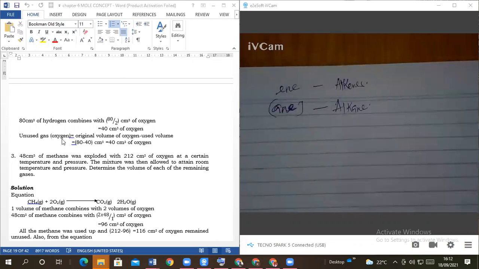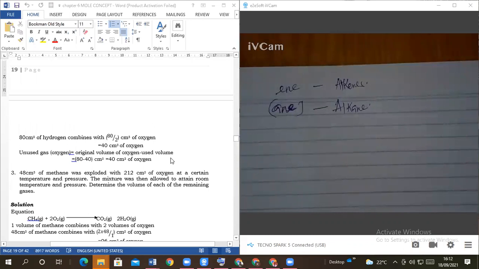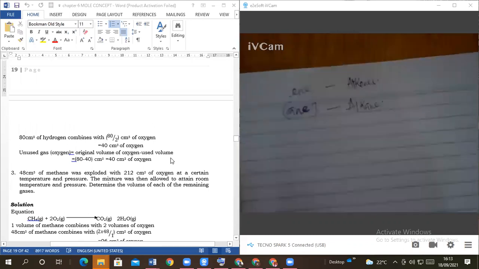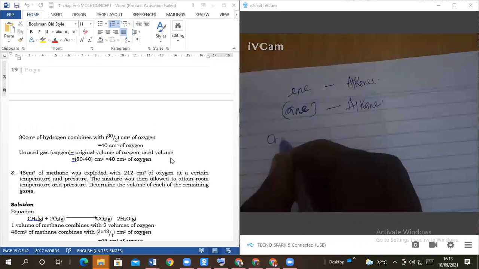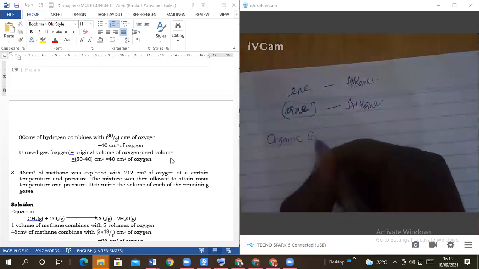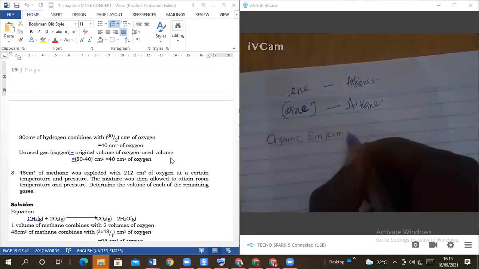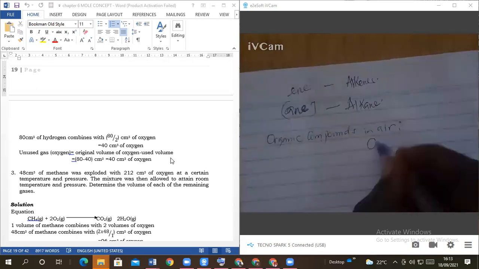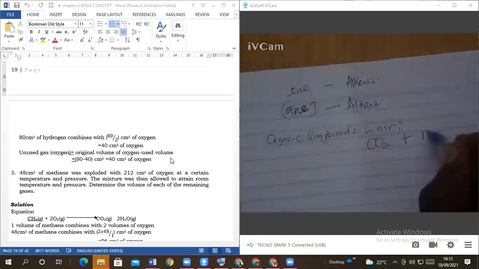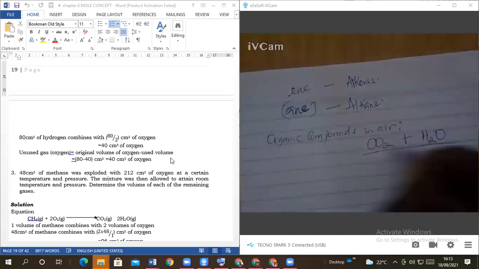Good. So here, if you burn any organic compound in the air, what is the end product? In air, the end product is carbon dioxide and what? Water.